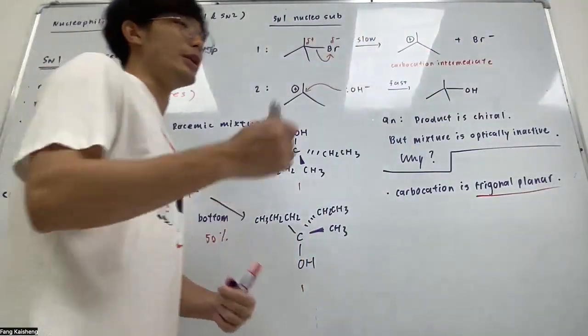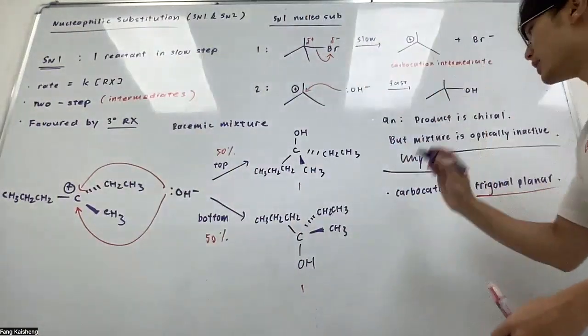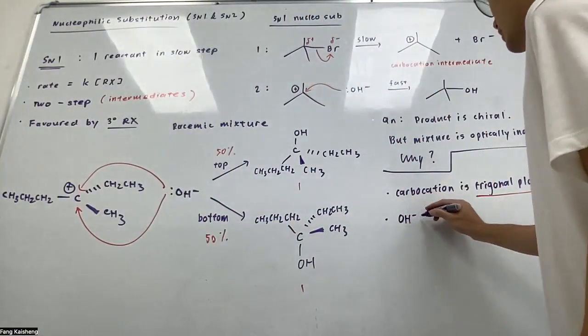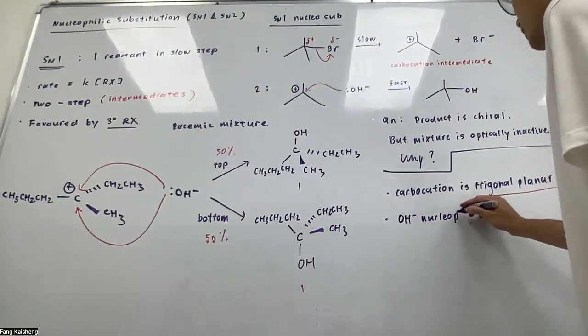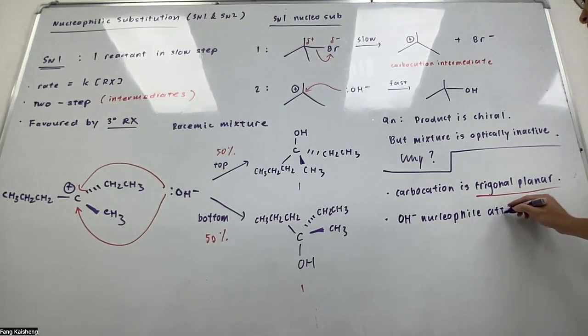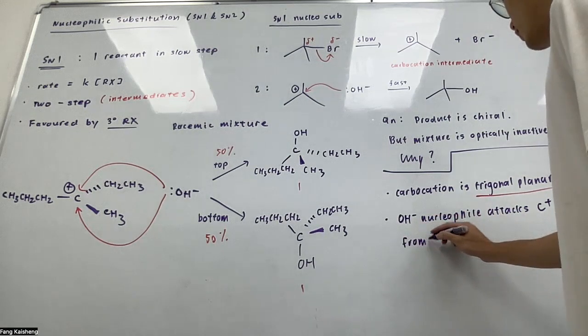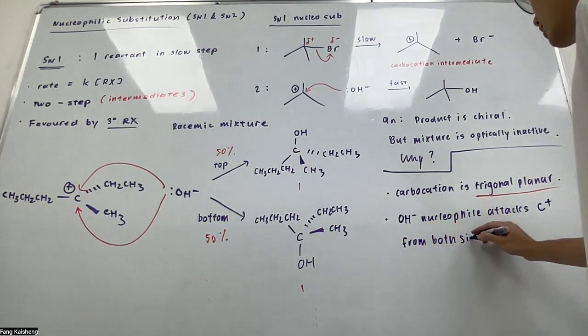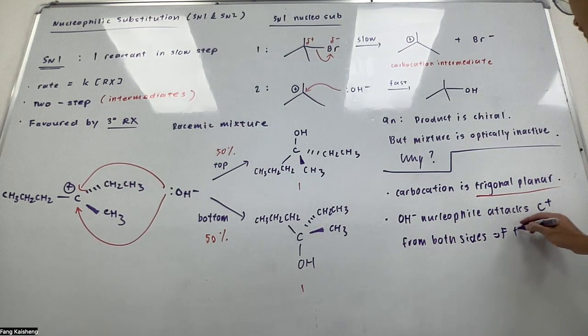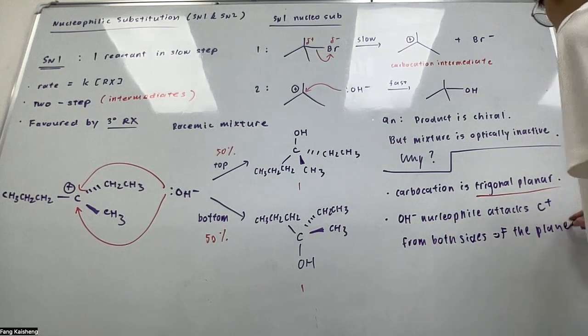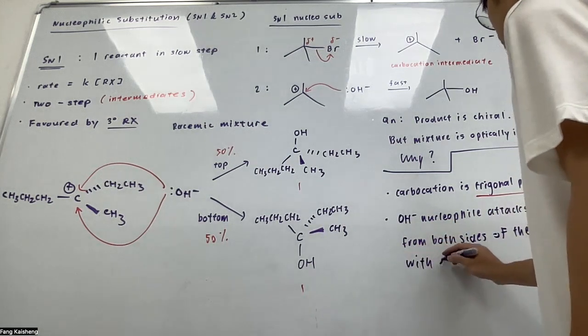So it's trigonal planar, and the nucleophile attacks from top and bottom. OH minus, or whatever nucleophile, attacks the carbon with a plus charge from both sides of the plane with equal probability.